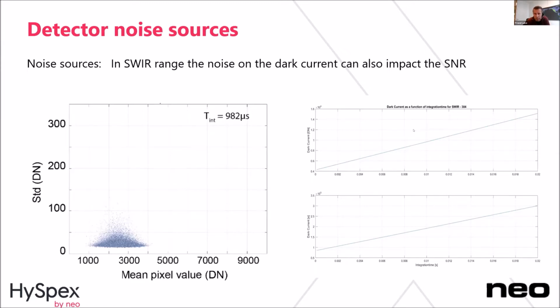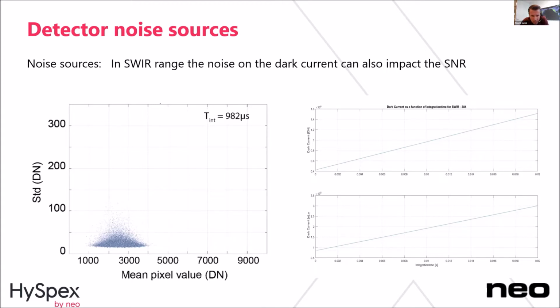Yeah, and here is a function for our SWIR 384 cameras. This is dark current here. It's a little bit small, I guess, but dark current as a function of exposure time in seconds. So you can see, for example, at 20 milliseconds here, you have 15,000 digital numbers out of 65,535. So you're starting to reduce the dynamic range left on your detector. But of course, you still have 50,000 digital numbers left for the signal.